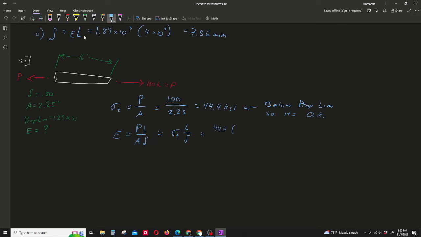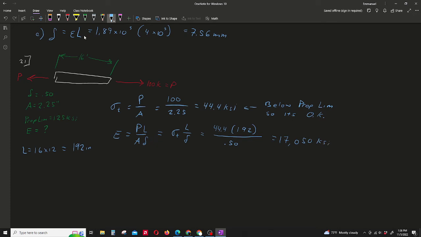Oh wait, not 16 feet. 16 times 12, which gives us 192 inches. So this is times 192. And we divide that by lambda, which they gave us, the elongation, 0.5, for a total of 17,050 KSI.